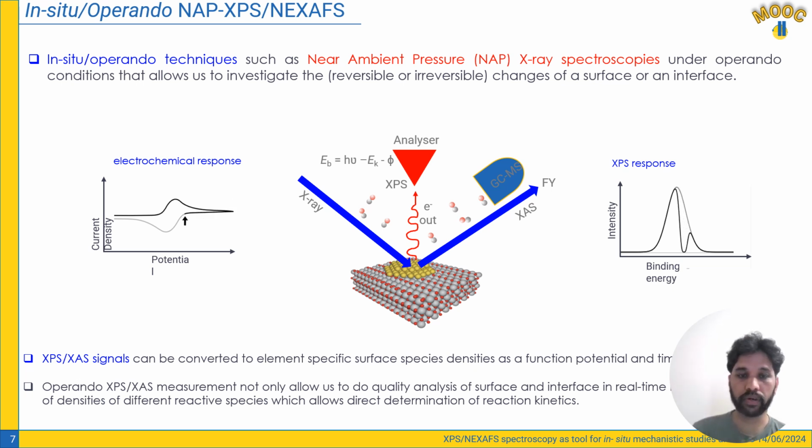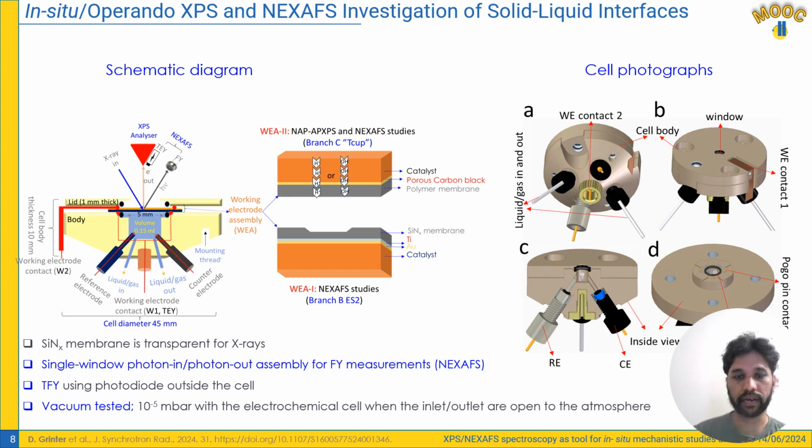We are more interested in in situ and operando XPS and NEXAFS of surfaces and electrochemical systems, particularly electrolyte-catalyst interfaces. Because this kind of study will provide you key information on active sites, reaction intermediates, and also the kinetics of your reactions, that allows you to rationally design energy efficient catalysts.